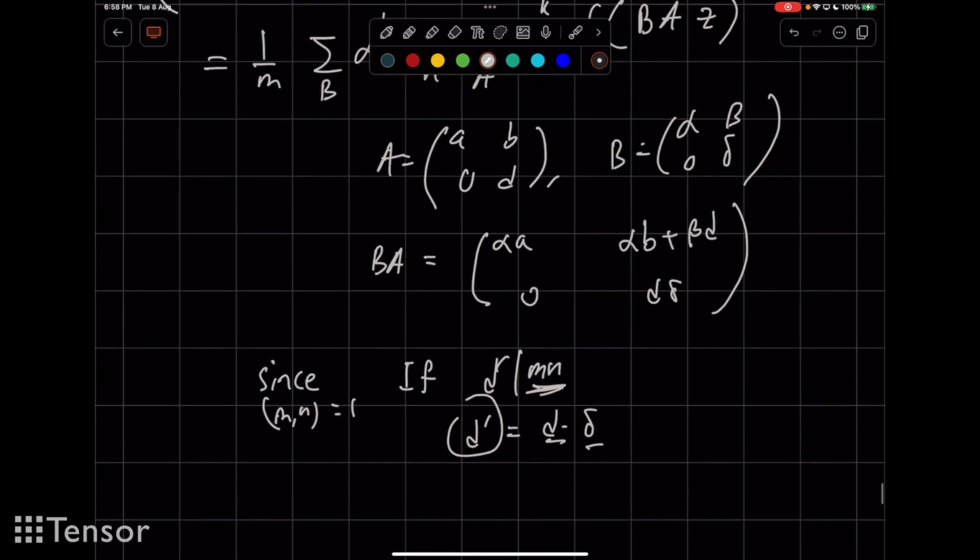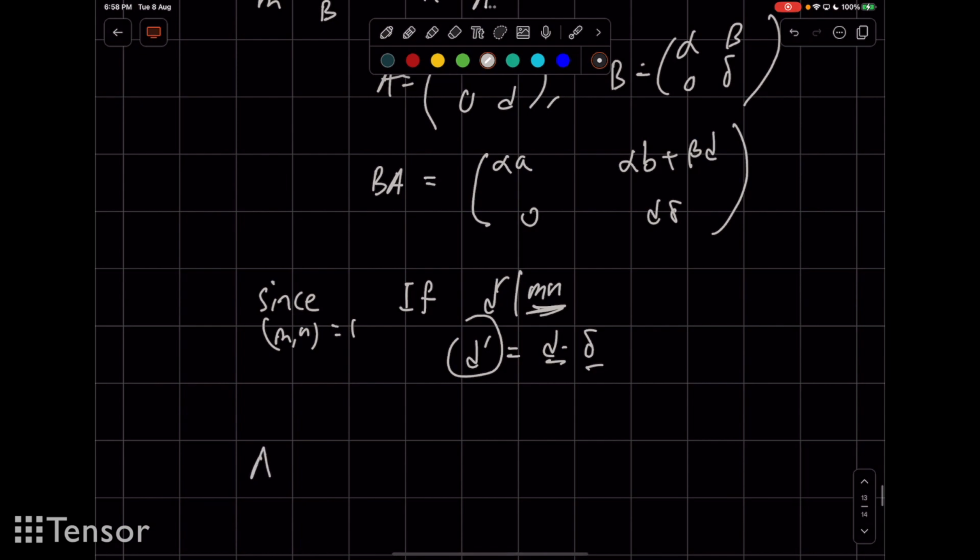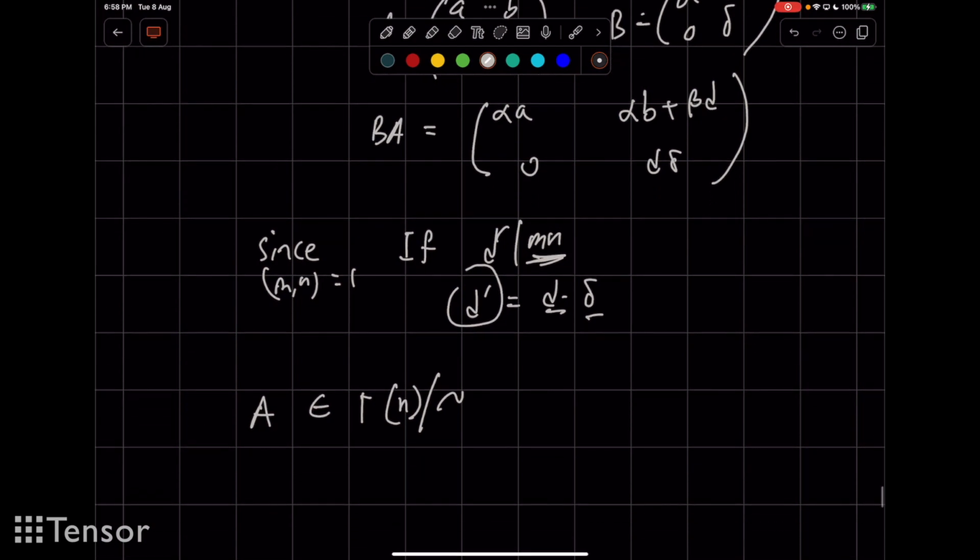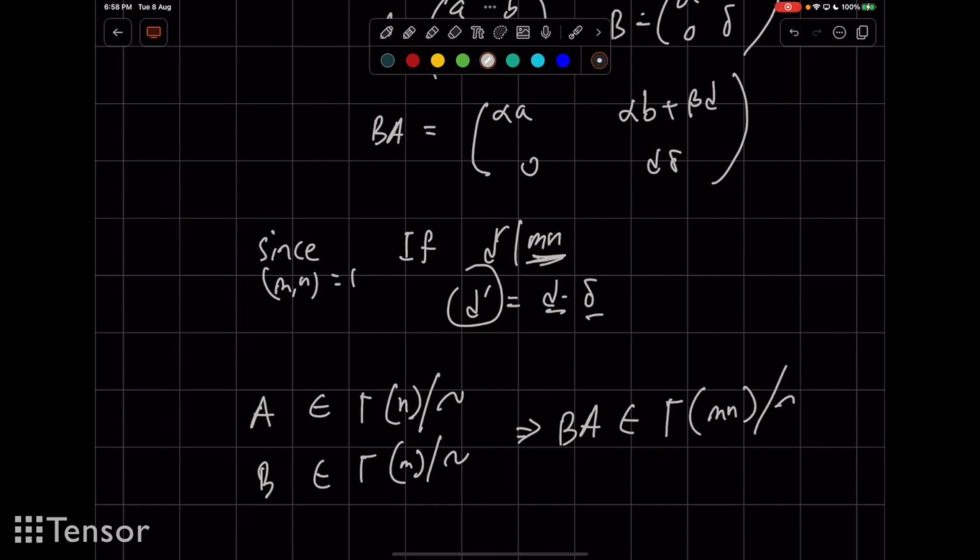Right? So therefore, as A runs over all the equivalence classes of gamma n and B runs over all the equivalence classes of gamma m, you can say that BA runs over all the equivalence classes of gamma mn, right?